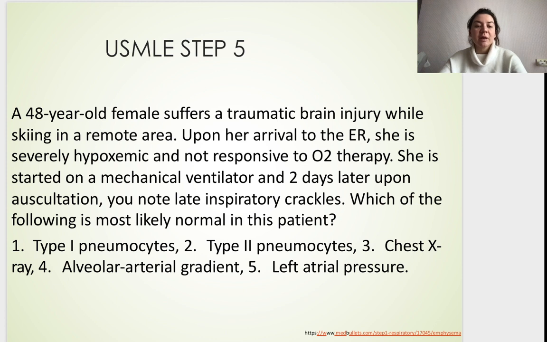She is started on a medical ventilator, and 2 days later, upon auscultation, you note late inspiratory crackles. Which of the following is most likely normal in this patient? First option, type 1 pneumocytes. Second, type 2 pneumocytes. Third, chest X-ray. Fourth, alveolar-arterial gradient. Fifth, left atrial pressure.